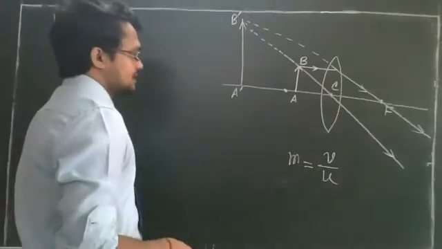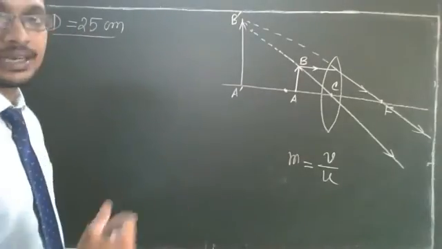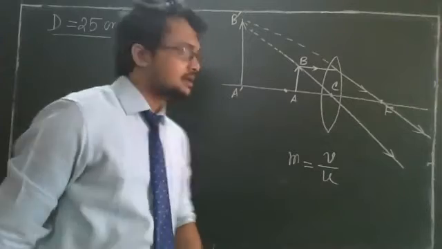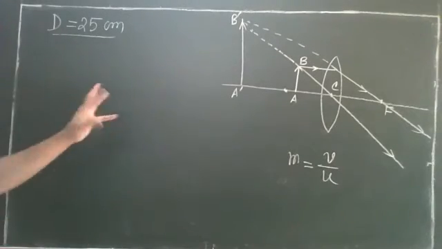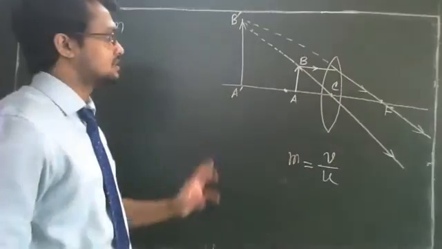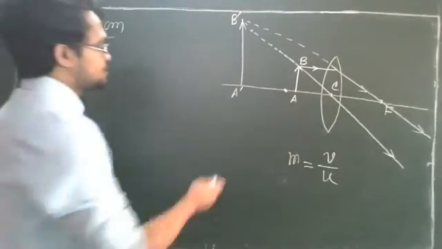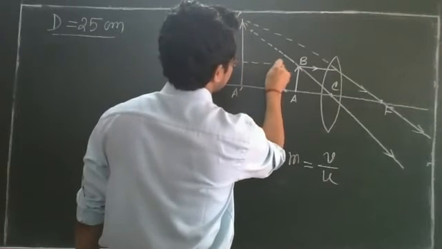So here we will use those quantities which we know, like focal length, object distance, and this distinct distance. We will use these quantities to find the magnification. For finding the magnification, there is a definition.